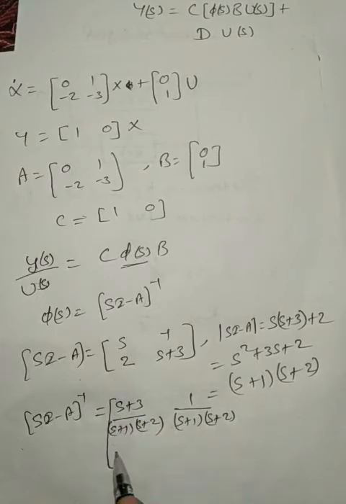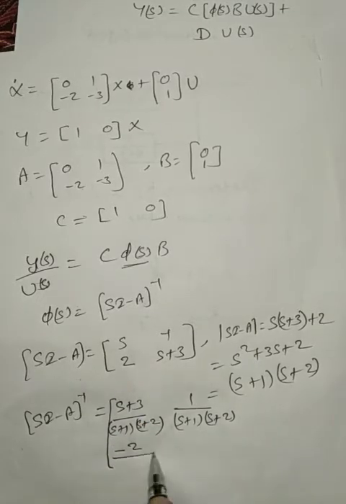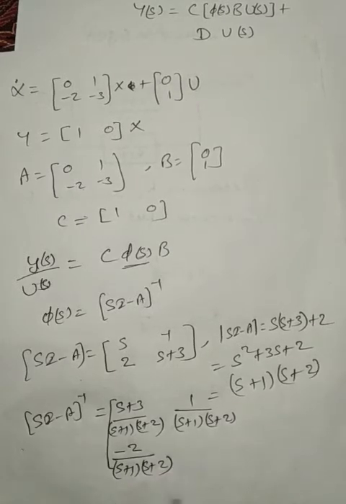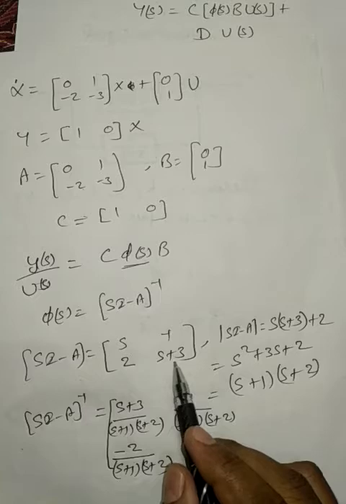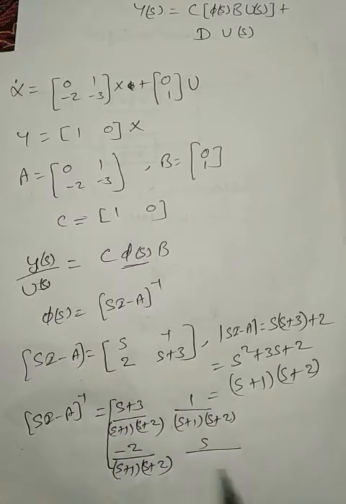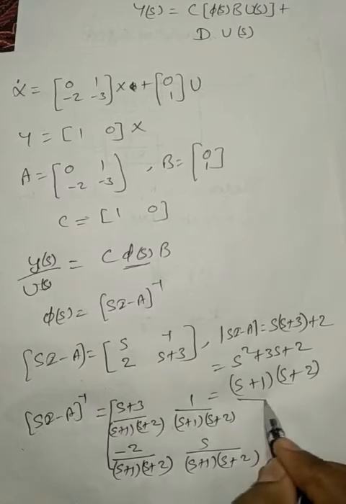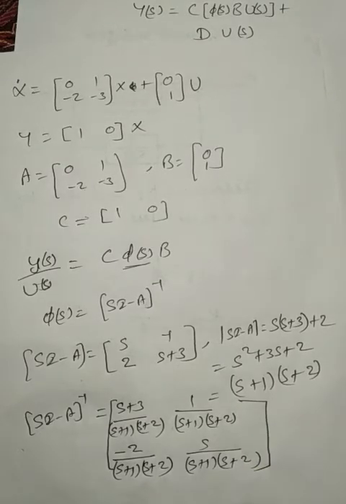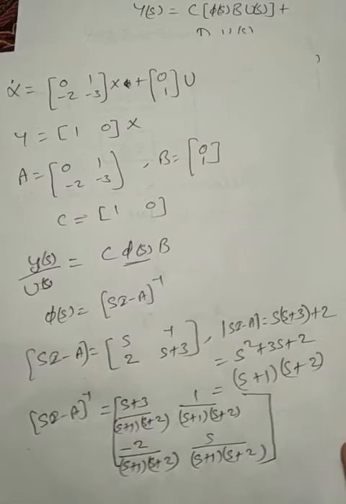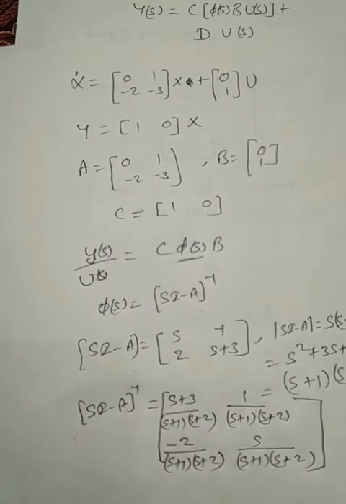Here it is 2, so it will be written as minus 2 divided by (s plus 1)(s plus 2). And here in the place of s plus 3 we will write s, over (s plus 1)(s plus 2). This is the short trick for a 2 cross 2 matrix to determine the inverse of the matrix, right?